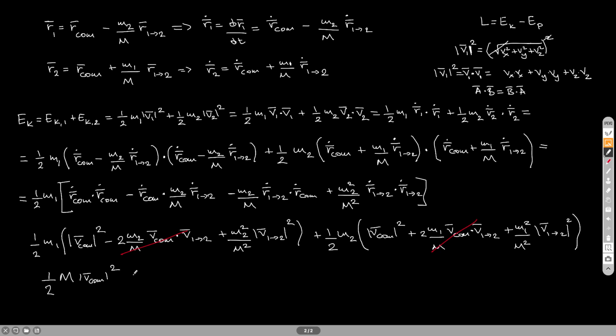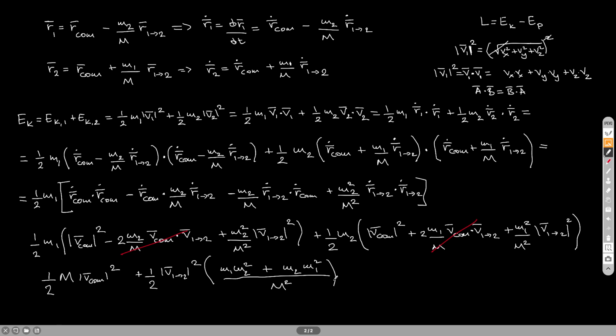And then here, let's see what that gives me. I do have 1/2. From both of these terms, I will have the speed from 1 to 2 squared, and then I will have m1 times m2 squared, plus from the other term it will be m2 times m1 squared, and this is divided by M squared.